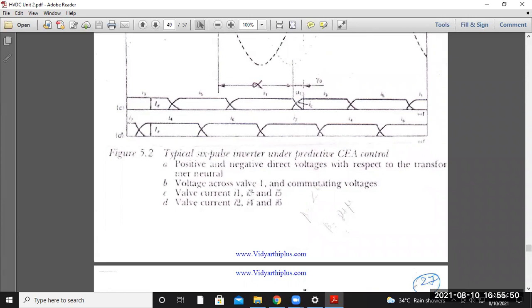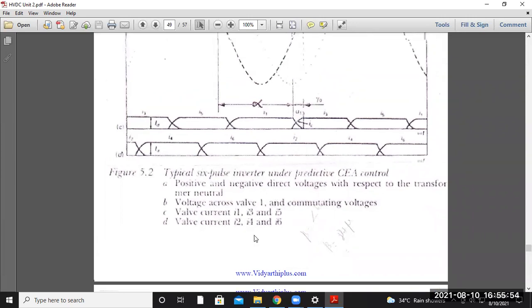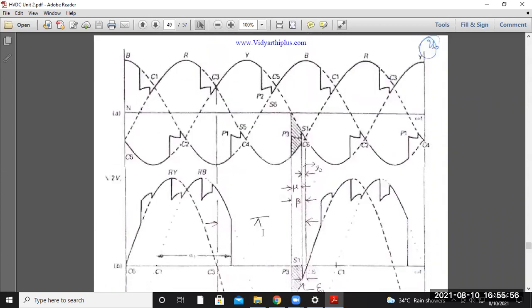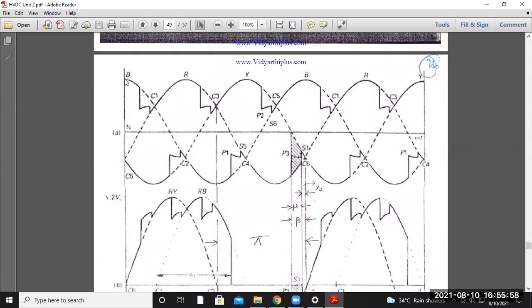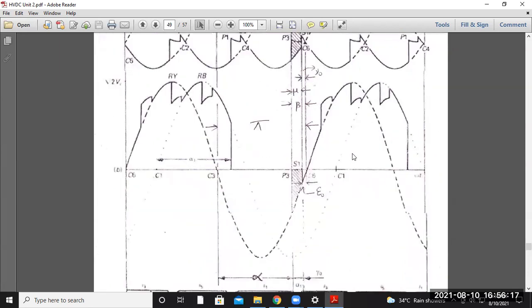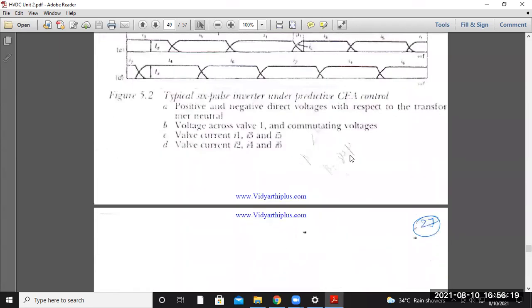Then valve currents I1, I3 and I5 are also represented in this figure, and the valve currents I2, I4 and I6 are also represented. As you can see, this is the actual performance of the graph. It will start from here, go downwards, then again move according to this equation, and follow the same process up to the next part. As you can see, this is the blue phase, this is the red phase, this is the yellow phase. Again in a similar manner, the three phase working condition starts.